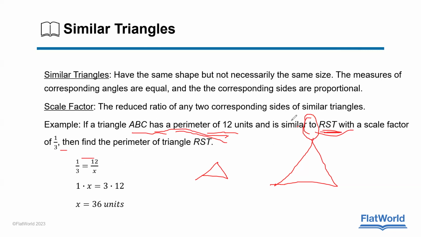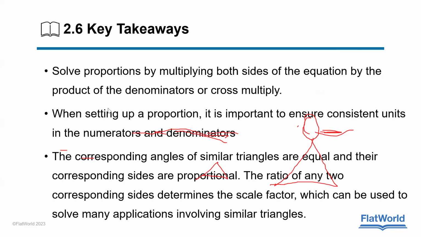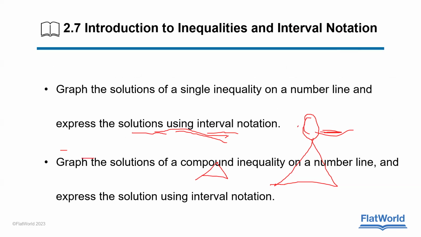And 3 lines up with the one we're looking for, the other triangle RST. So this triangle would be larger because it's 3 times the perimeter of the smaller triangle. All right, those are all related rates, or proportion, I should say, problems.